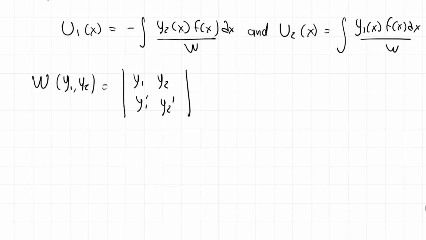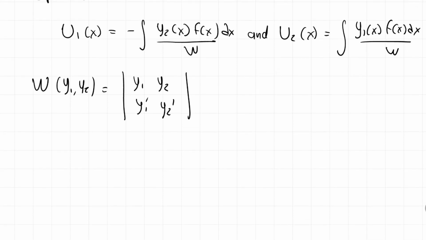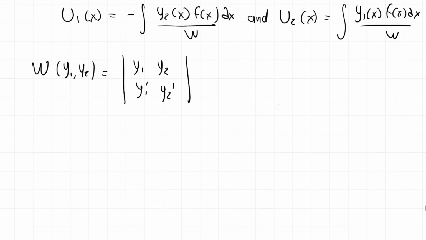Given that y1 and y2 are linearly independent, this guarantees that the Wronskian is different from 0.